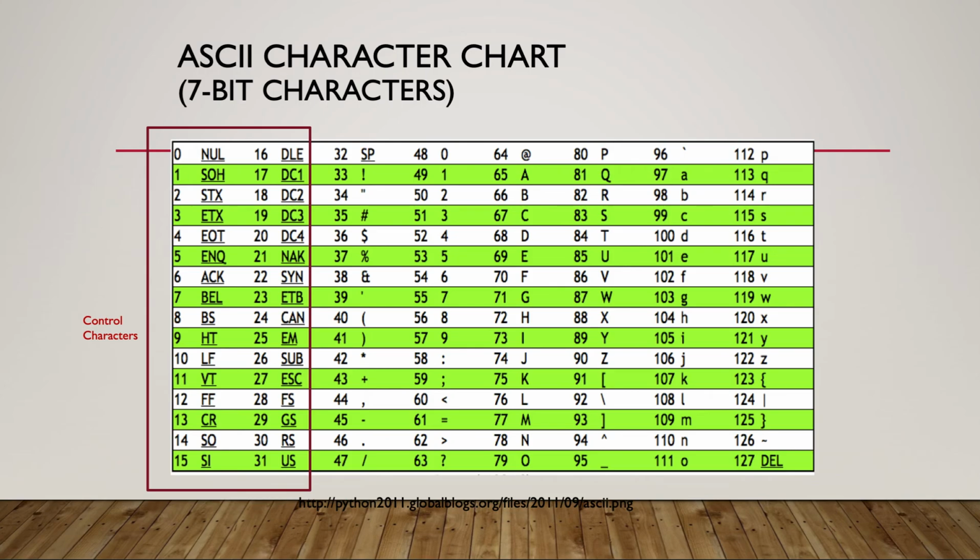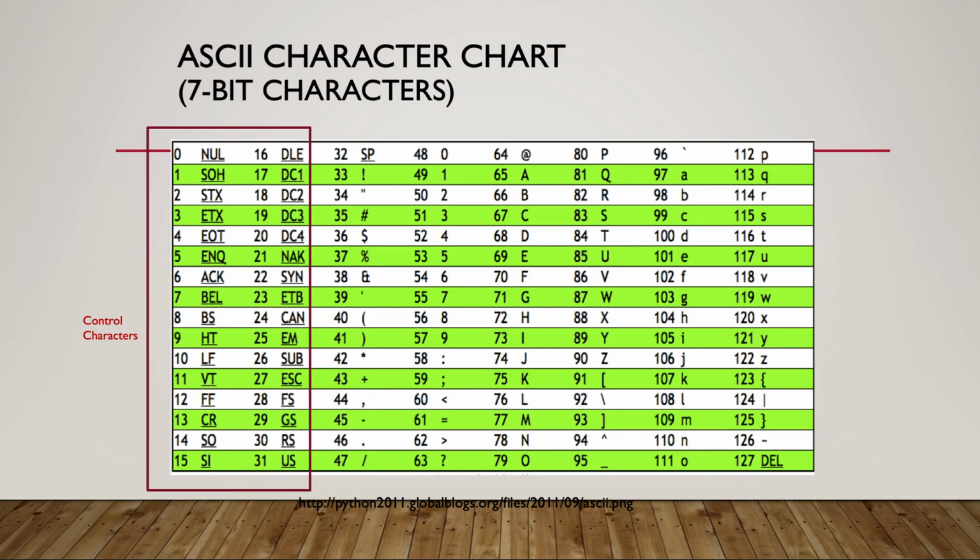Alright, let's look at the ASCII character chart. What can we understand from this? These are the integer representations of all the characters that you have on your keyboard. In this part, codes 0 through 31 are called control characters that perform in the background.